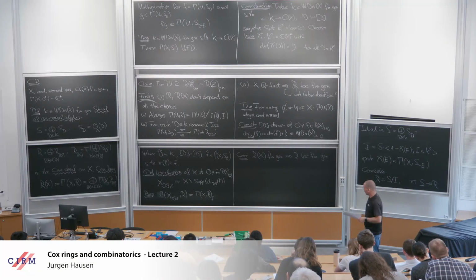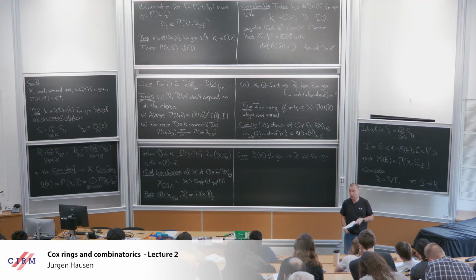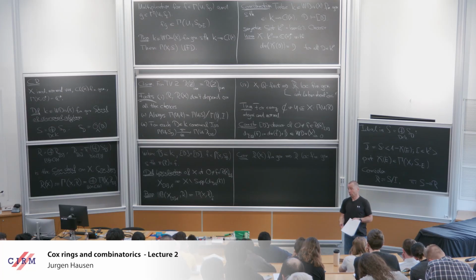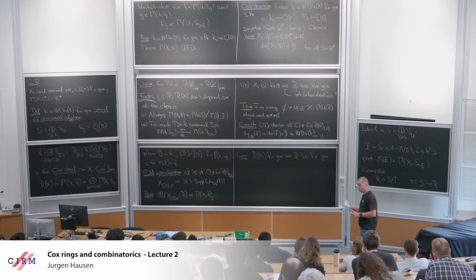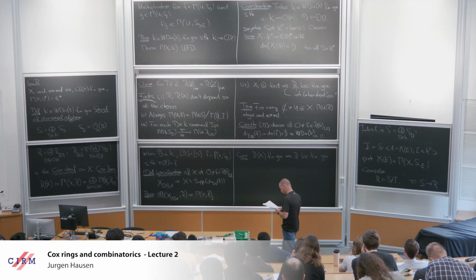That means we see that in the toric case, where the Cox ring is finitely generated, the Cox sheaf locally is also of finite type.